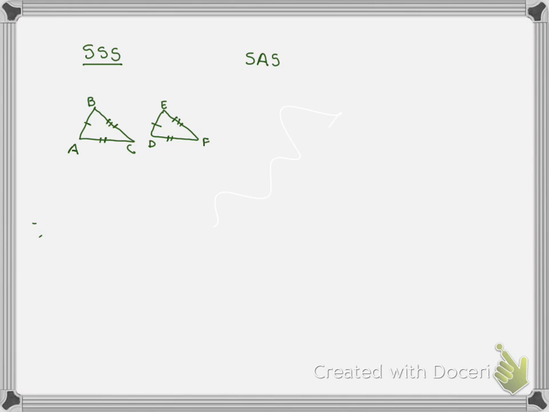So if we have this triangle as ABC and this one as DEF, we need to be able to write a triangle congruence statement that says triangle ABC is congruent to triangle DEF. Notice A and D are in corresponding places. Those angles are in the same place within their respective triangles.